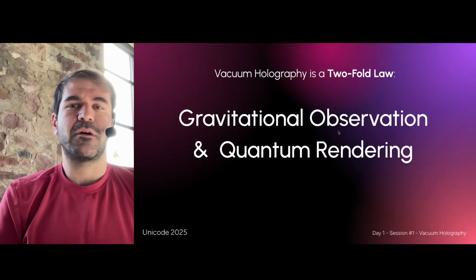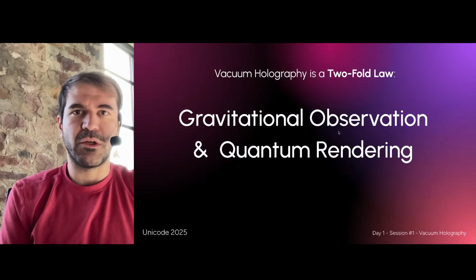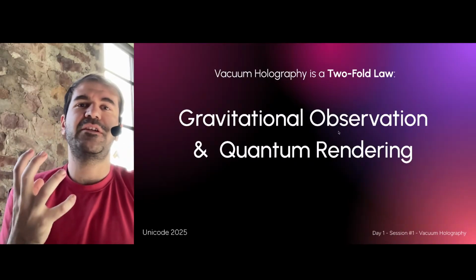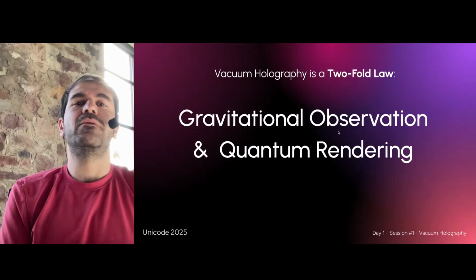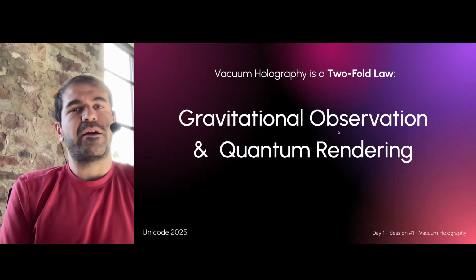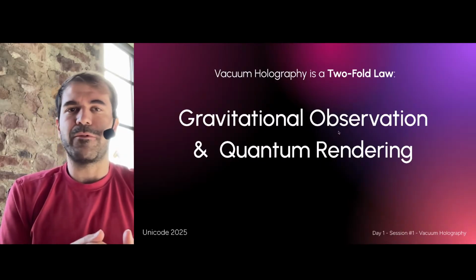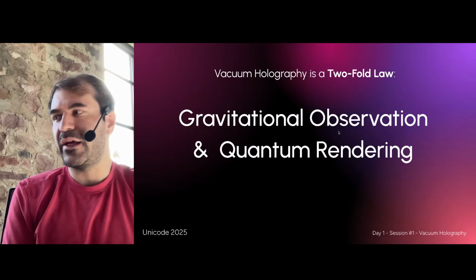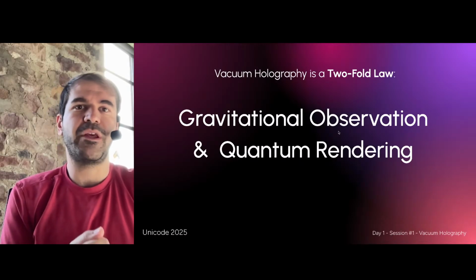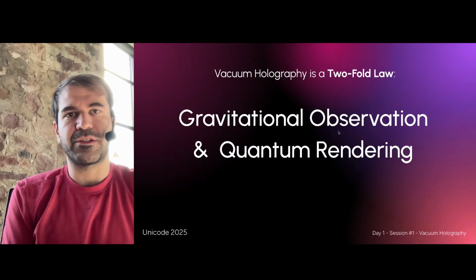So we need to start with vacuum holography as a twofold law. We start with it as both gravitational observation and quantum rendering. So we first need to tie gravity to the observer. You have to have that connecting point. Without that connecting point, you can't proceed any further in advancements in general relativity, quantum mechanics, or theories of everything in physics or consciousness.